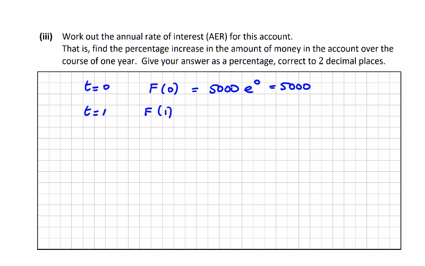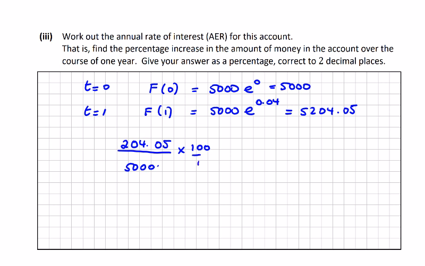And after 1 year, we're going to have 5,000 e to the power of 0.04 times 1, which gives 5,204.05. So it increased by 204.05. It started at 5,000. And if we multiply by 100 over 1, we get the percentage as 4.08 to 2 decimal places, to conclude question 7.